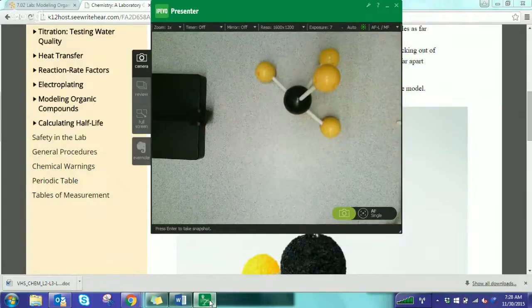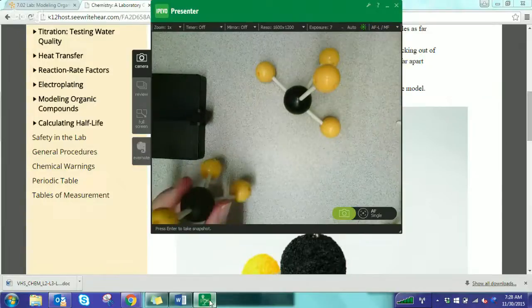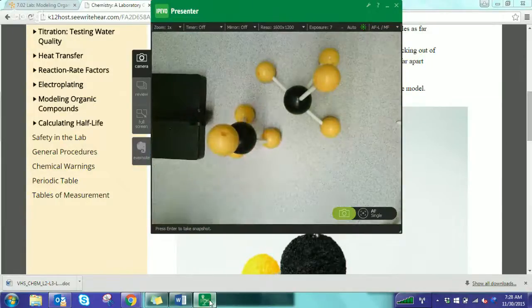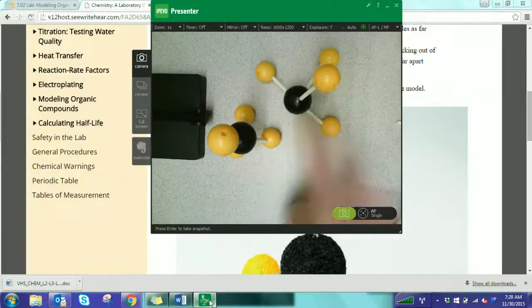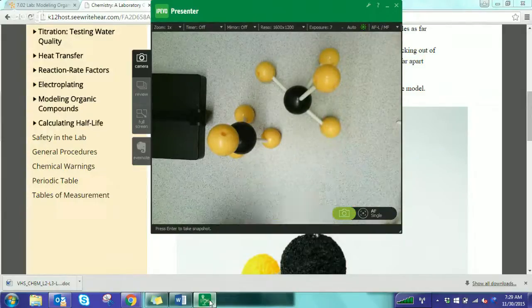Depending on which variation you have, your methane might look like that one, or it might look like this one. Neither one of these are perfectly correct, but still you get the idea. Methane is going to be 1 carbon with all 4 bond sites filled with a hydrogen, or CH4. Okay, so that one's pretty easy.